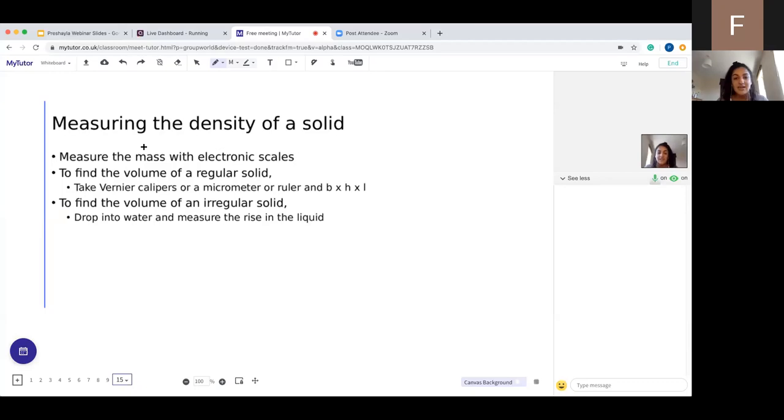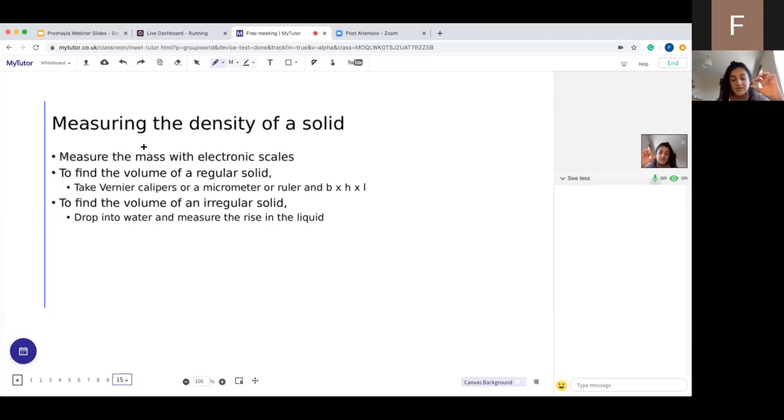So if it's a cylinder, a sphere, or a cuboid, we know all the formulas for the volume of those shapes, and therefore we can find it just by taking a ruler, a micrometer, or vernier calipers, which are all different ways of measuring, depending on how big or small the object is.